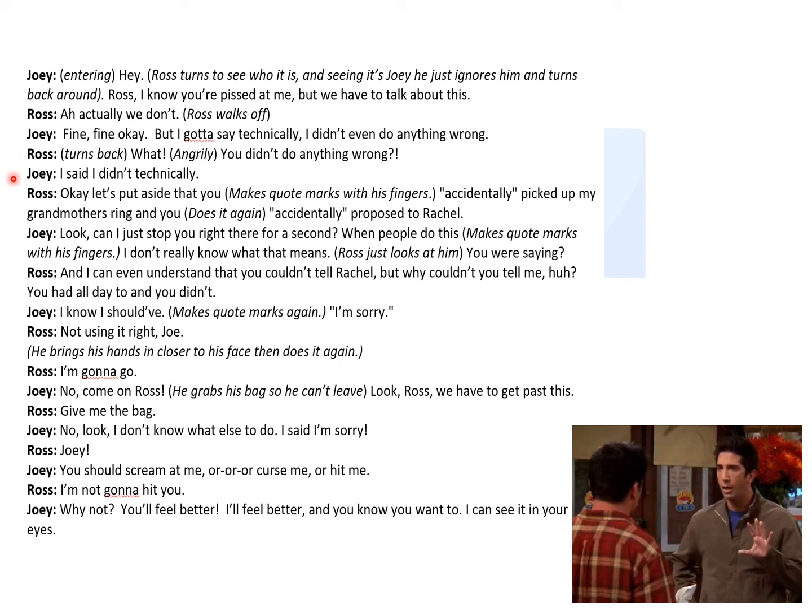I said I didn't technically. Okay, let's put aside that you accidentally picked up my grandmother's ring and you accidentally proposed to Rachel. Joey, look, can I just stop you right there for a second? When people do this, makes quote marks with his fingers, I don't really know what that means. You were saying? And I can even understand that you couldn't tell Rachel, but why couldn't you tell me, huh?